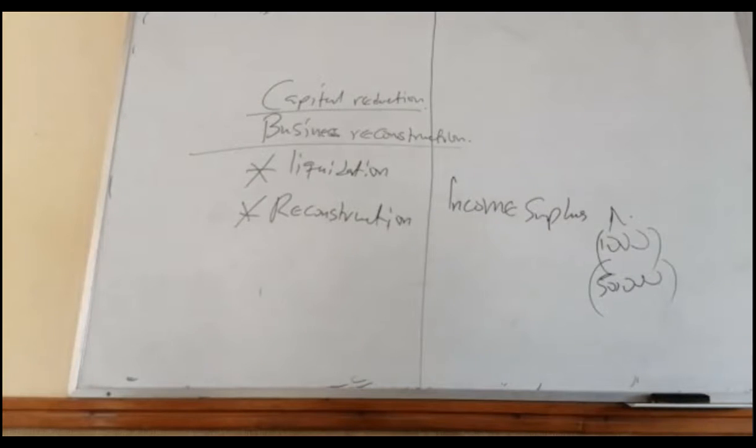The finance managers are interested in the external reconstruction involving third parties, including mergers and acquisitions. If you are struggling, you can merge with a good company to at least save you from falling. So that is the external strategy, but we are going to look at the internal strategy using accounting methods.